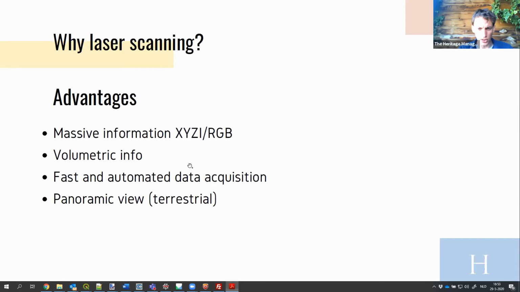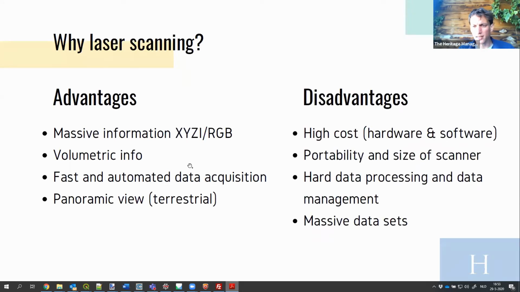The disadvantage of laser scanning is that the costs, definitely compared to photogrammetry, are relatively high. You can start making 3D models using a cell phone. So 100, 200, 700 euros for a cell phone.